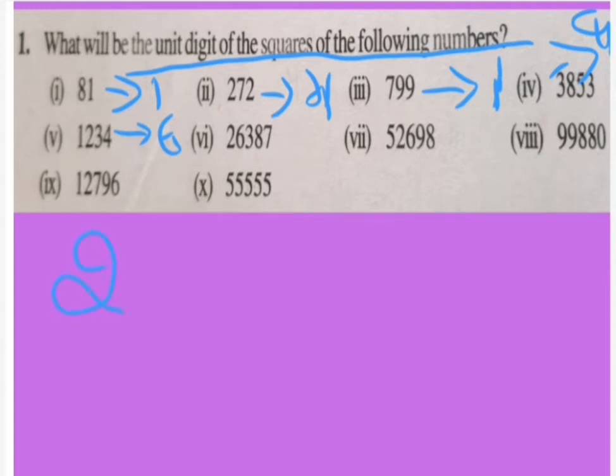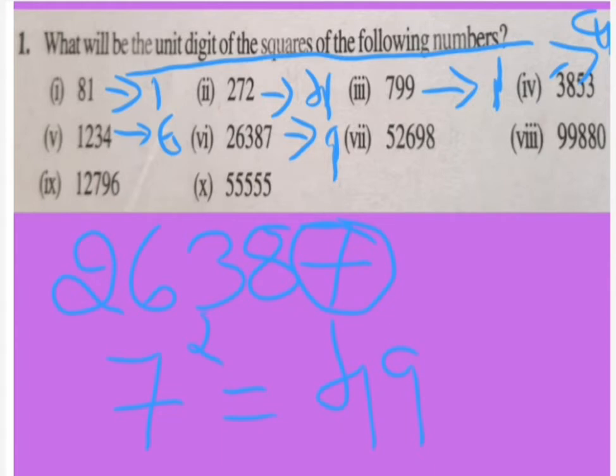Next question, 26,387. Unit place is 7. As we know, 7 square is equal to 49. So the unit place of this number in its square form is 9.